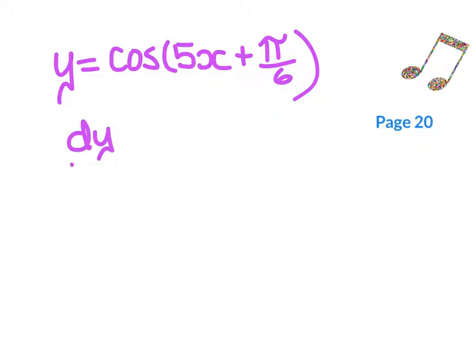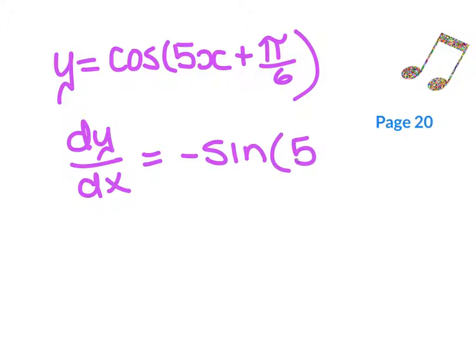So we're going to differentiate the outside first. Now cos goes to negative sine. I'm leaving the brackets alone. And then I'm multiplying by the derivative of what's inside the brackets. If I differentiate 5x plus pi over 6, I just get 5.